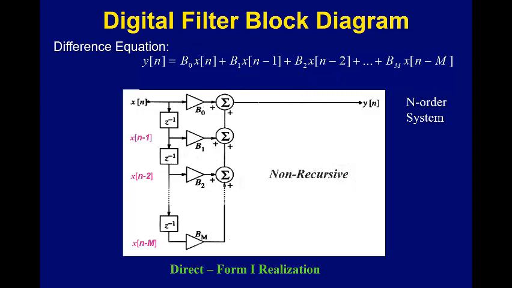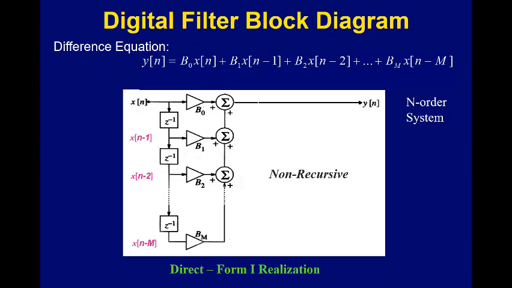And if I have none of that y term in my equation, I just have y of n in terms of x of n and its delays. This is a non-recursive system, no feedback. And we would call that a zero-order system, which weren't terribly interesting in continuous time systems.